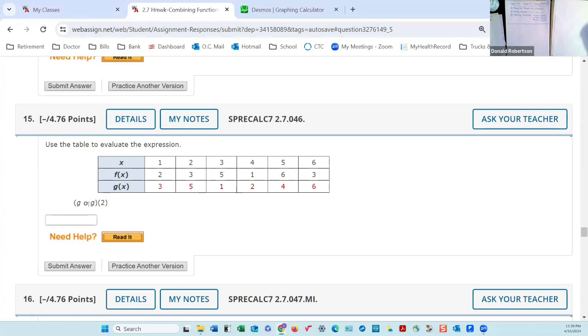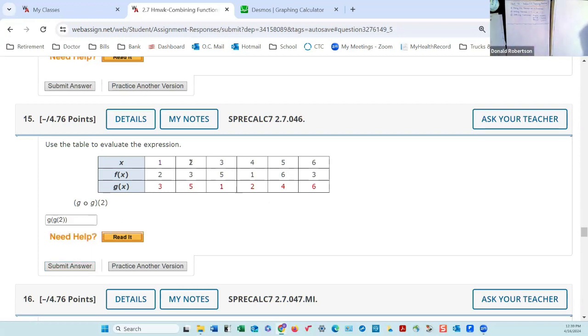So if you wanted to find g of g of 2, for example, go along here. Here's 2. What's g of 2 equal to? g of 2 is equal to 5, right? So this is going to be g of g of 2, which I forgot to put in. Okay, there we go. So that's what the calculation is going to look like.